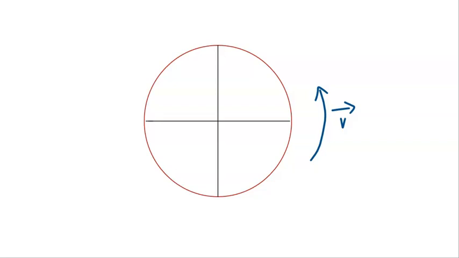Suppose we have an object moving in a uniform circular motion in a counterclockwise direction with a uniform speed of v. Now let's concentrate on 2 points, point 1 and point 2. The velocity of the object at point 1 will be heading in this direction, shown by this green arrow. Let's call it vector v1.